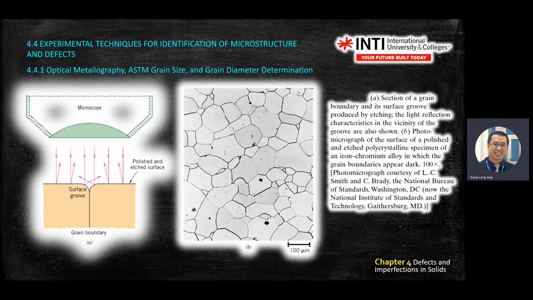You observe, and then the light will travel more to bounce back. You will see dark color line. These tell you the grain boundaries. Okay. So lab report, you need to explain the principle behind what you're doing. So this is what you see.